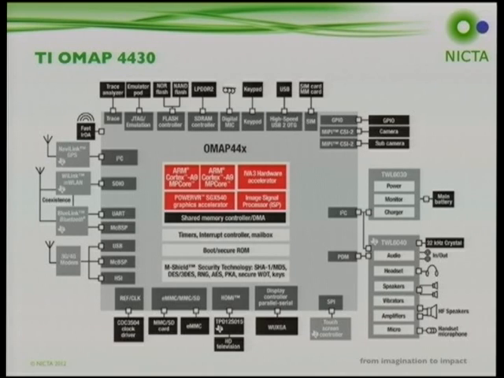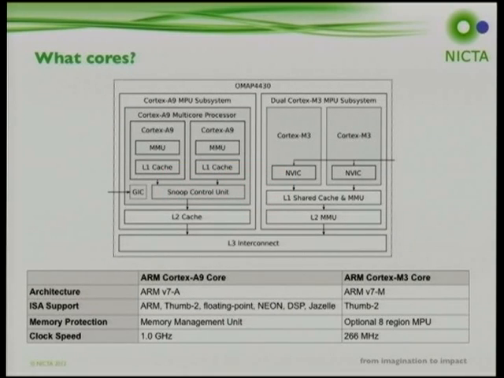But the A9s and the M3s, as you can see there, they both support the Thumb2 instruction set. So conceivably we could run tasks on either processor and it would just work.